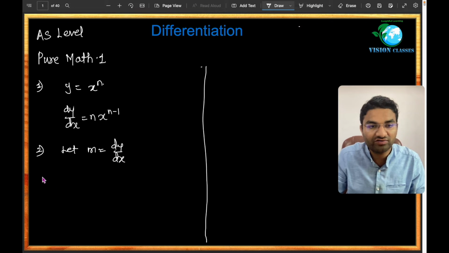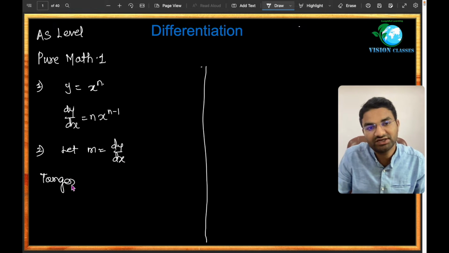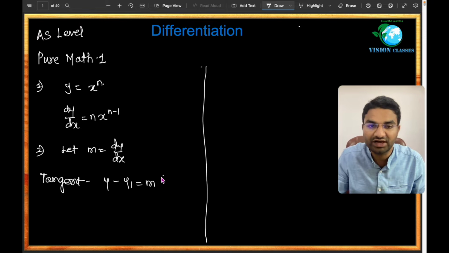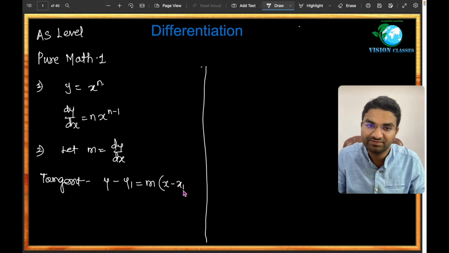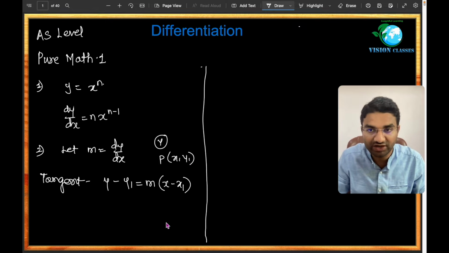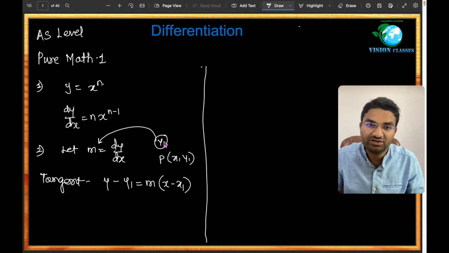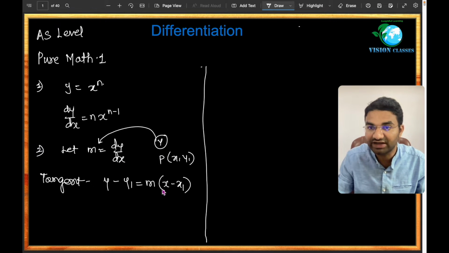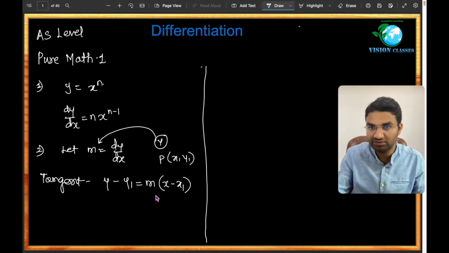So the equation of a tangent is y minus y1 is equal to m times x minus x1. You have a y equation given, and a point P, let's say x1 y1, is also given. You just have to find the gradient from this equation dy by dx, and then plug it into this tangent equation. You will get the equation of the tangent.